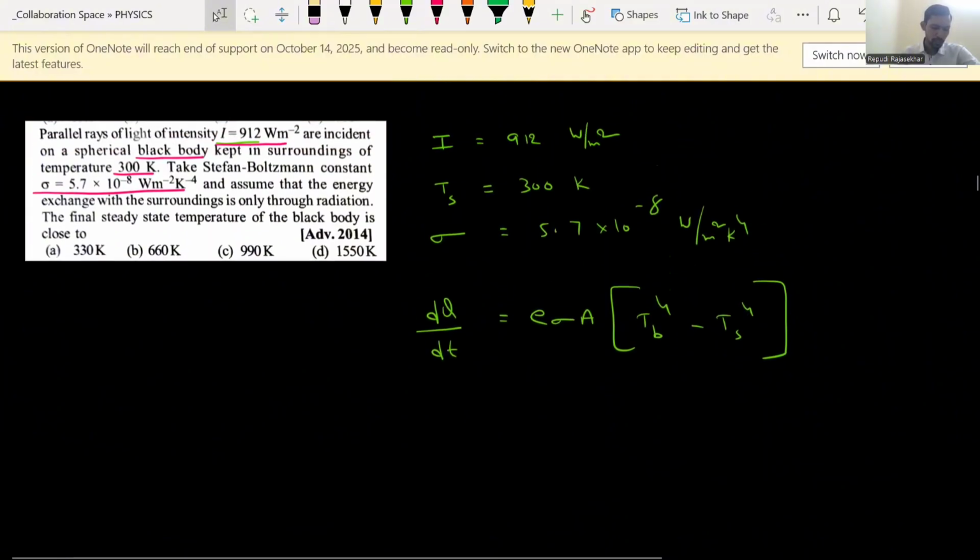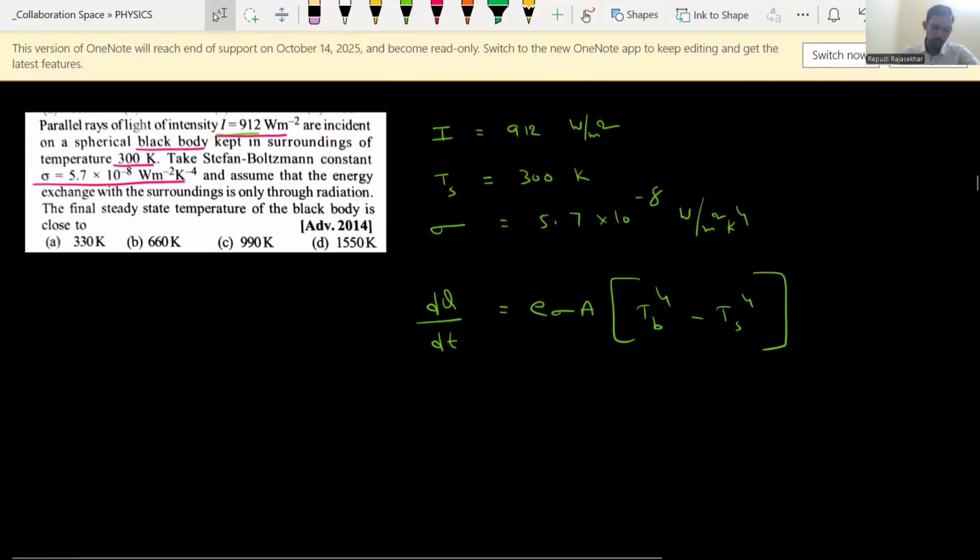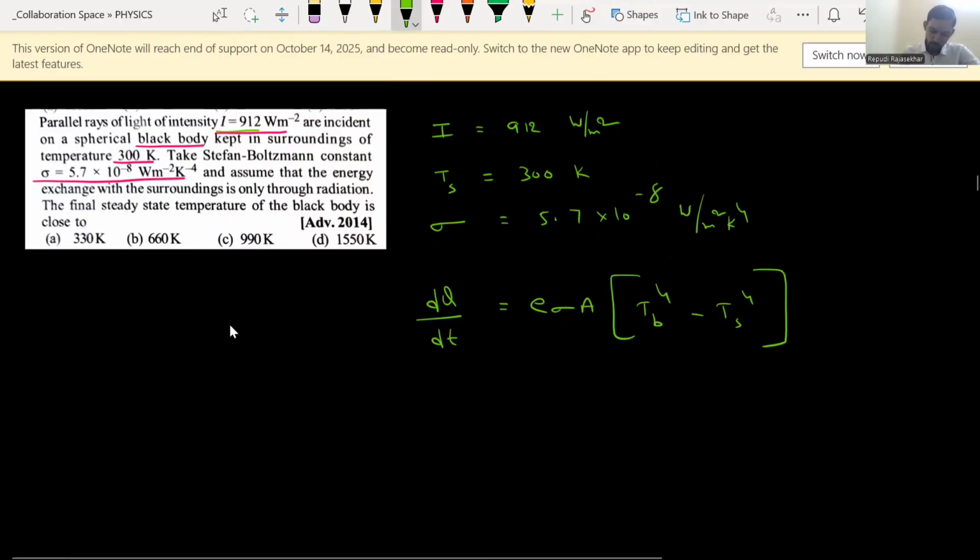In the question it is a spherical black body. So dQ by dt is nothing but power. Heat is nothing but energy, and energy by time is nothing but power. So power equals E sigma A times Tb power 4 minus Ts power 4.